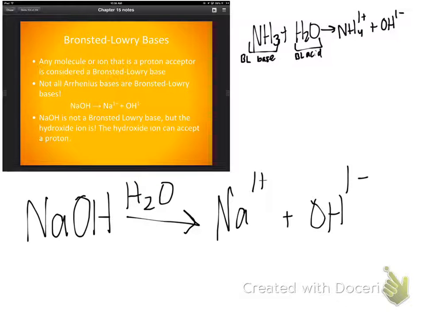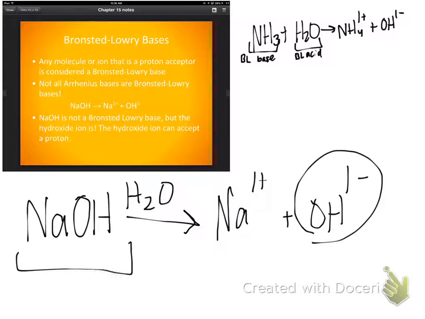Because it's all functional. It's all behavioral. If it doesn't give up a proton, it's not an acid. If it doesn't accept a proton, it's not a base. Now, in this case, the hydroxide could actually accept a proton. If we had something that would donate protons, the hydroxide would accept one, becoming water, and the hydroxide would be a base. But we do not have any Bronsted-Lowry acids or bases here. No acids, no bases there.